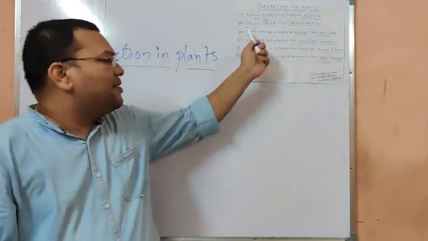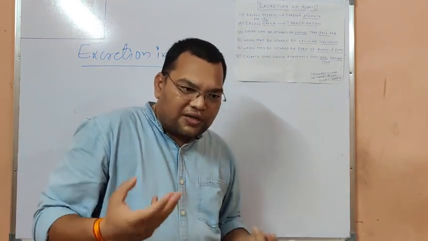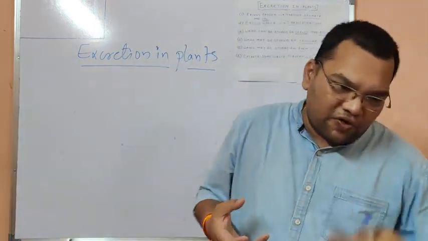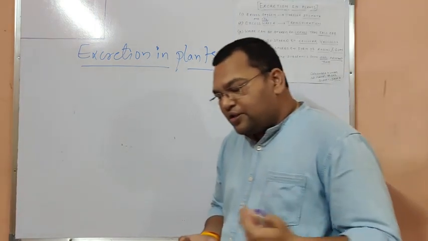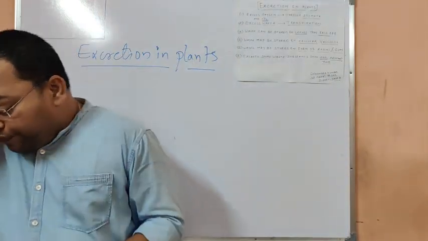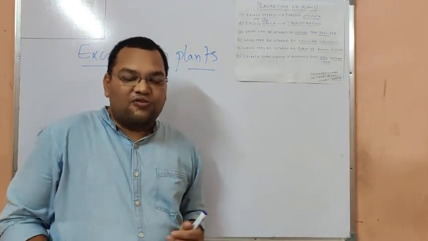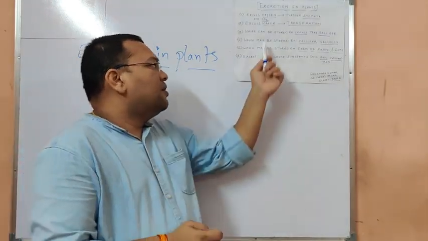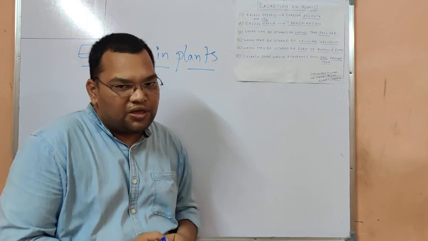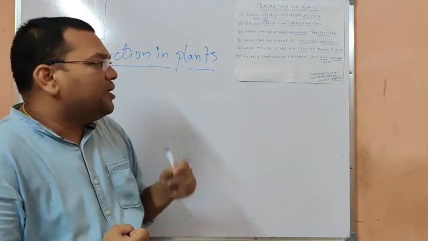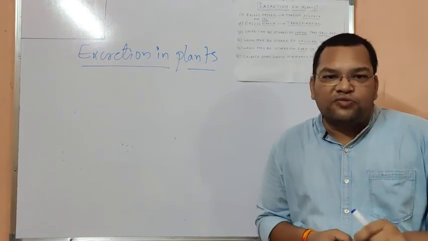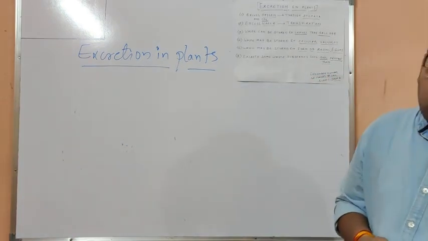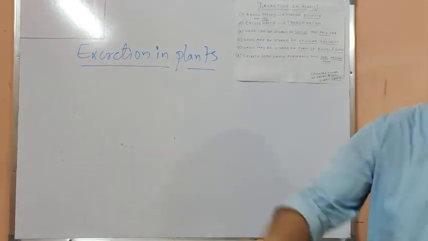So from the stomata, the excess oxygen and the excess CO2 are removed from the plants. Now the second is the excess water. If the absorption of water is in excess, then the excess water is removed by the process of transpiration. Then the waste can be stored in those leaves or parts which are going to fall off in some time.